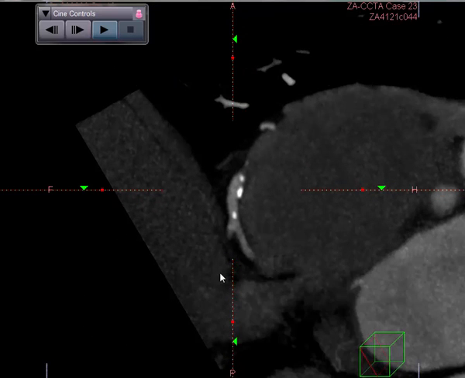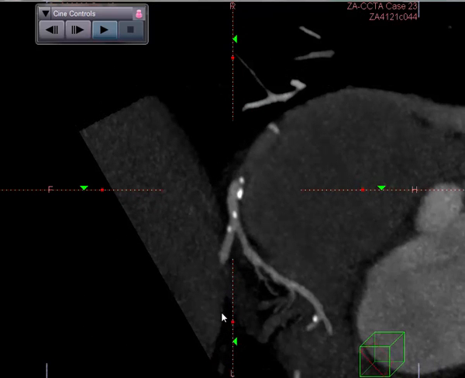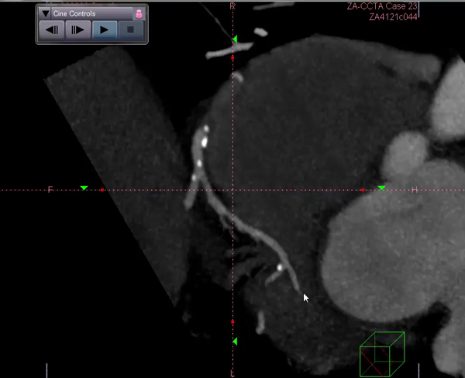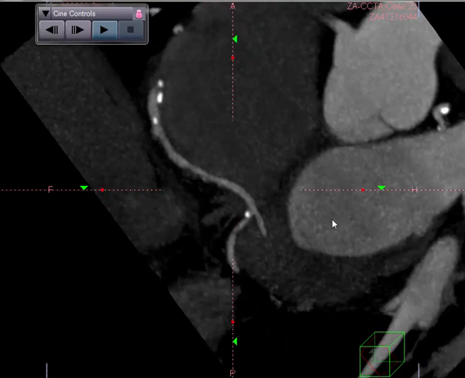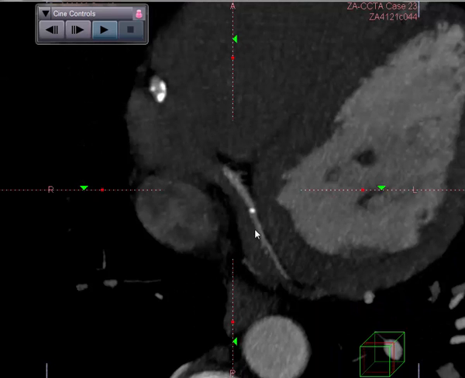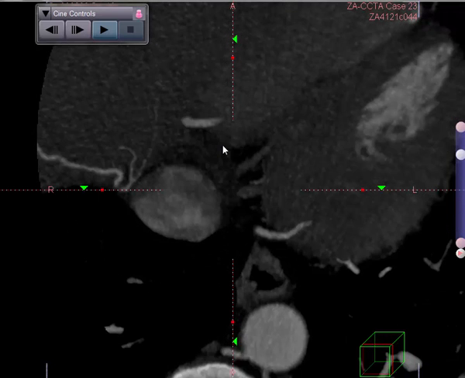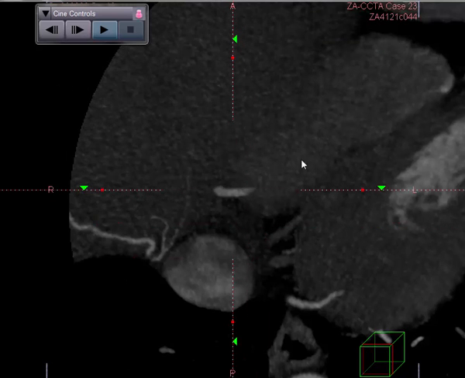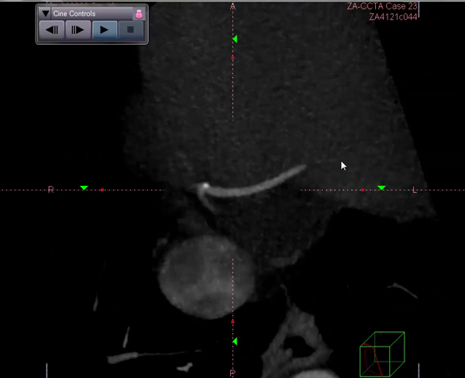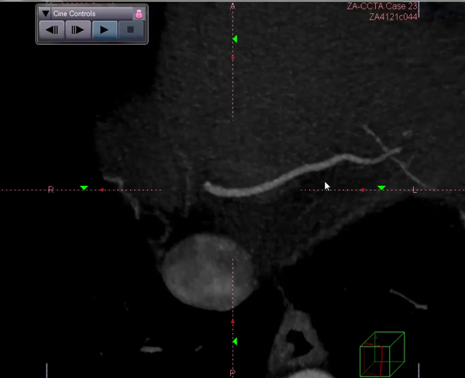Clearly diffuse disease involving the remainder of the vessel. There's good blood flow, though, down to the distal aspects of the vessel, posterior lateral, and also what appears to be a posterior descending vessel that actually appears to be relatively normal.